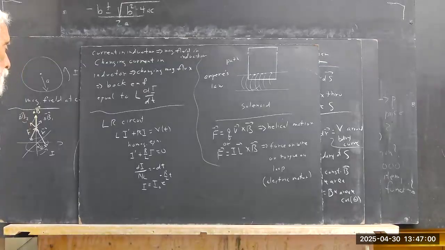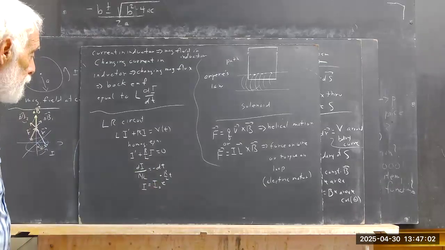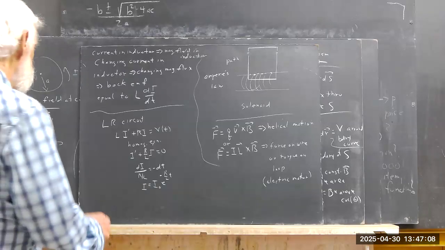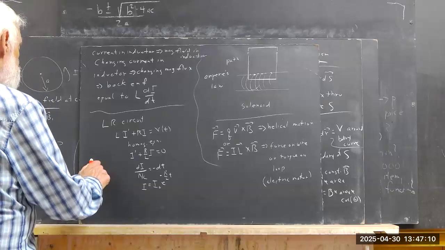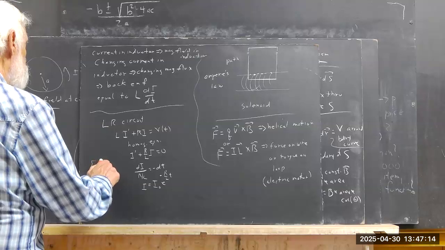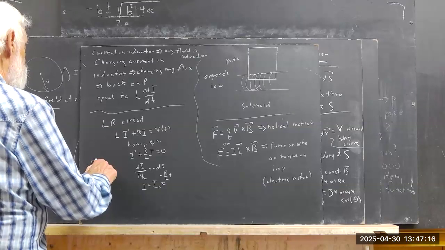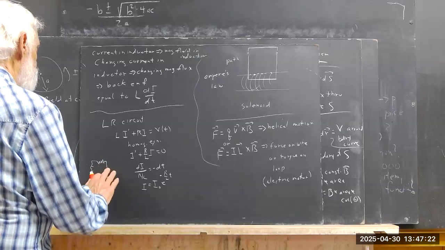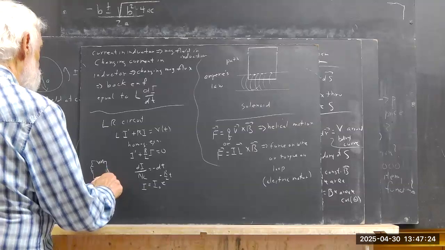That would be, for example, if you have an inductor already with a current in it, and resistance, which is unavoidable, and a switch.